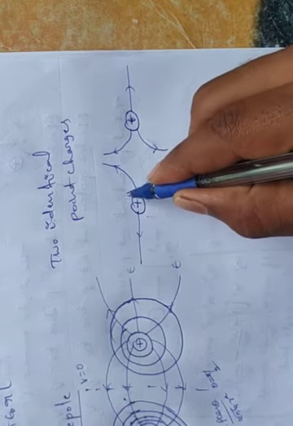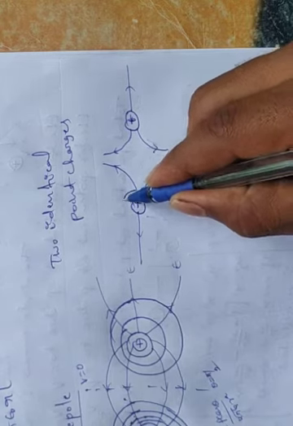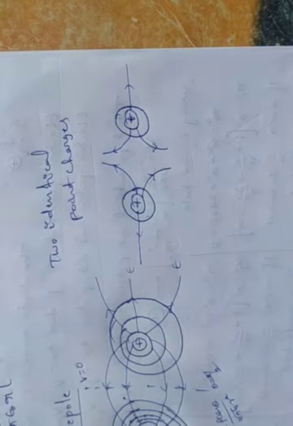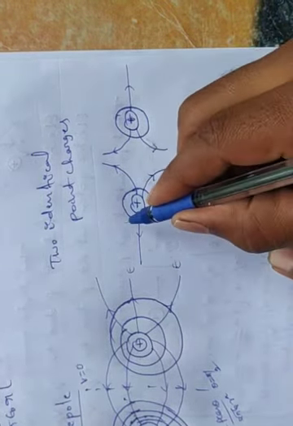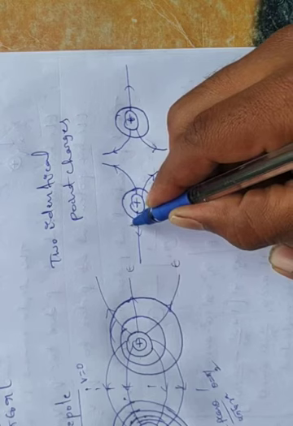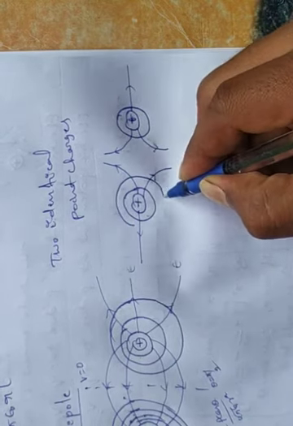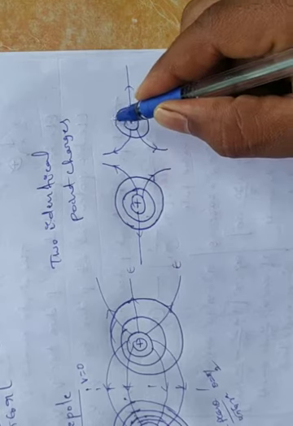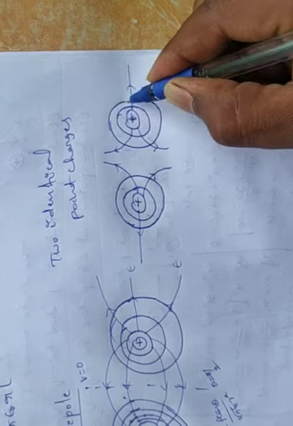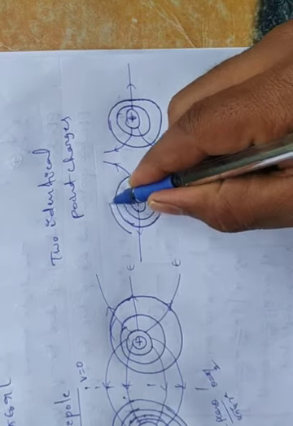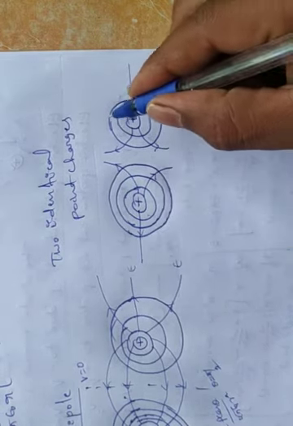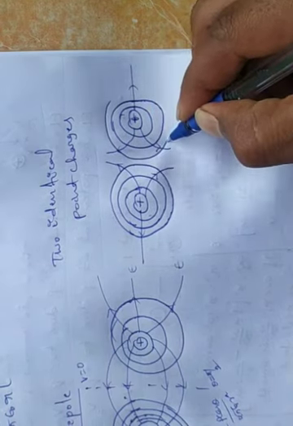Therefore, the field lines when they come here on this side, these are the electric field lines. Repel each other means the distance between these electric field lines is more. Therefore, the equipotential is also located like this. Now here the space is more, like this.